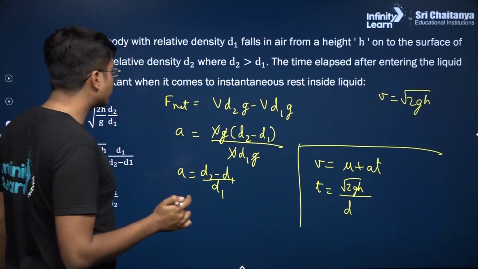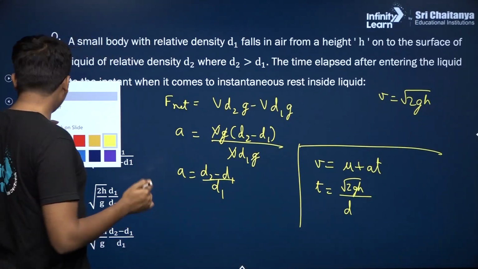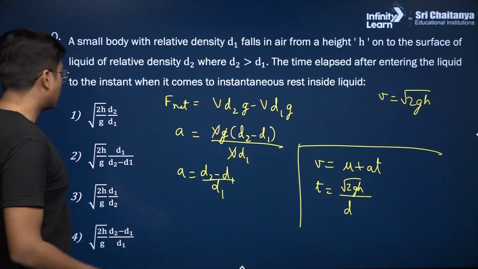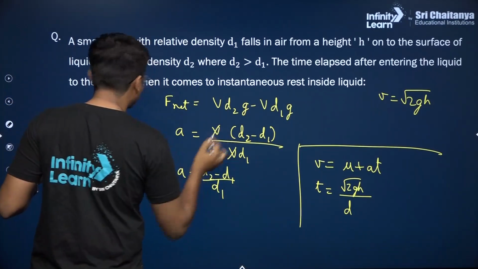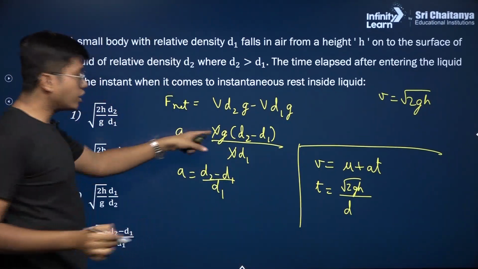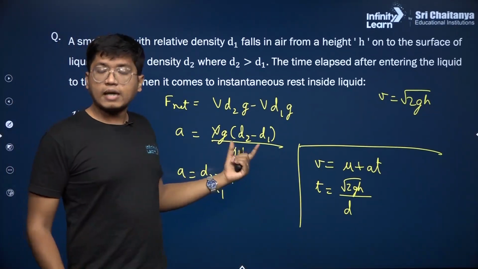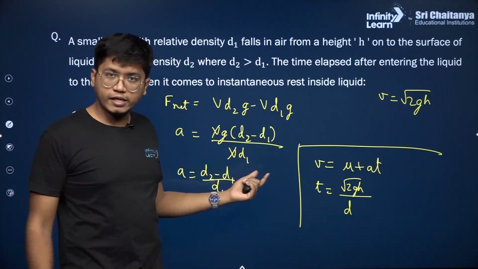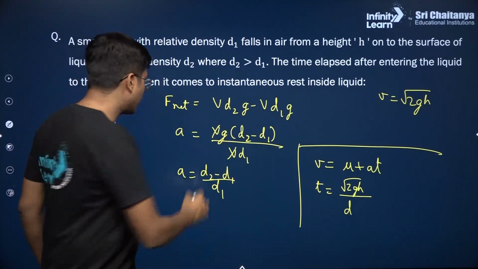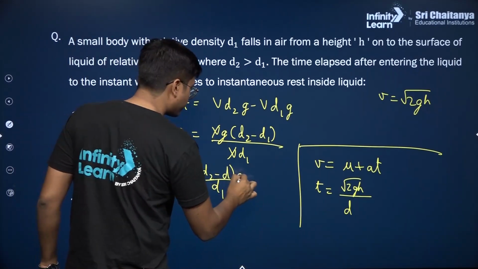Oh, I think, my bad, I made a little error here. There would be no g. There would be no g, which means this g will stay as is. The reason there would be no g is because this was the mass, and in mass there is no g, it's just the volume into the density. So this g stays over here and you have the g multiplied.